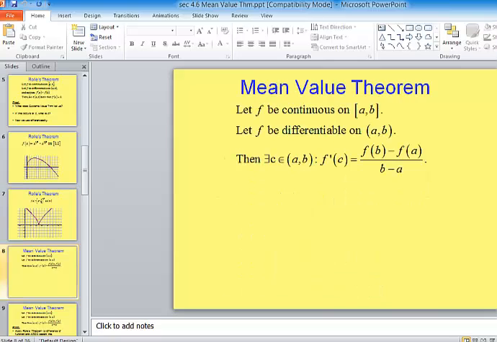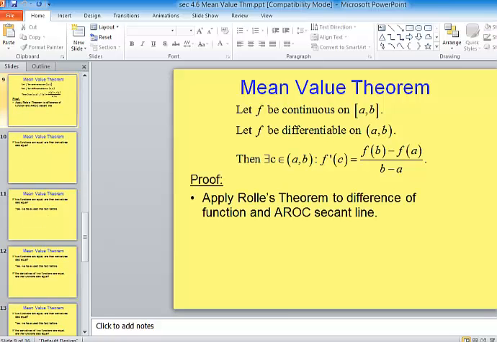All right, now we're ready for proving the mean value theorem. And the interesting thing is we're going to use Rolle's theorem. So let's do it. And my hint to myself is here on the screen. I'm going to apply Rolle's theorem to the difference of the function and the what? What's that say? Average rate of change, secant line.